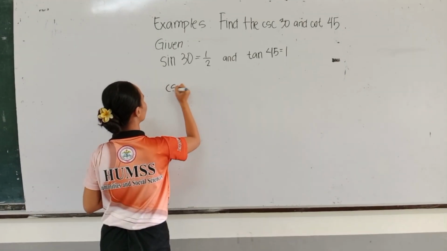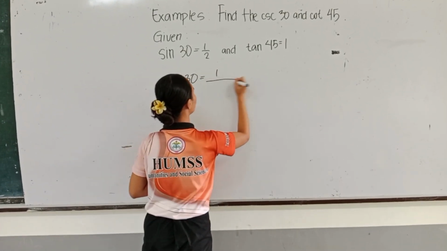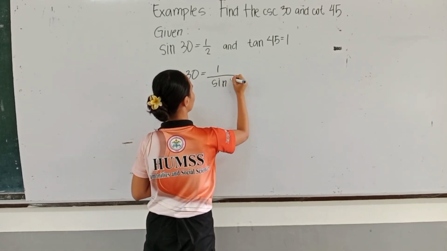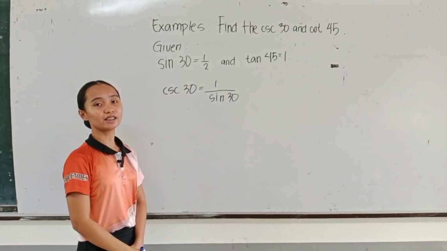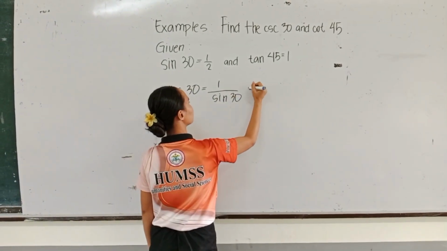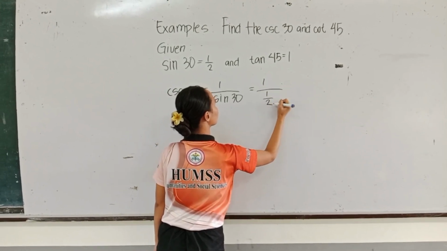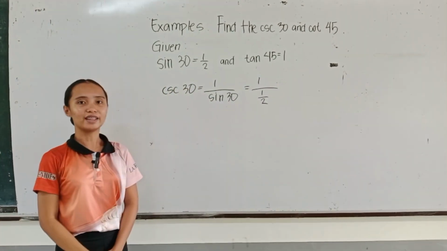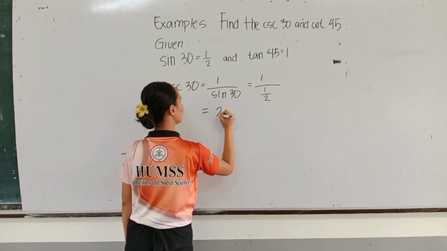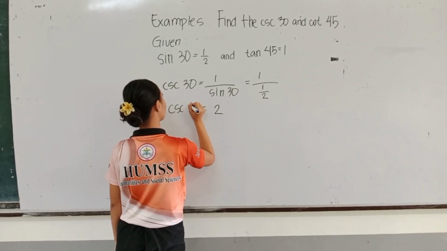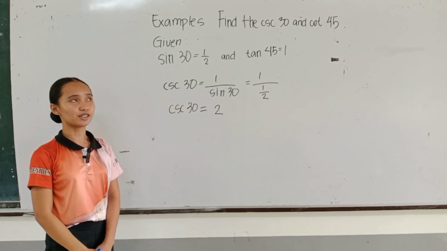Therefore, cosecant 30 is equal to 1 over sine 30. Then substitute the value of sine 30 and then simplify. Therefore, the value of cosecant 30 is 2.